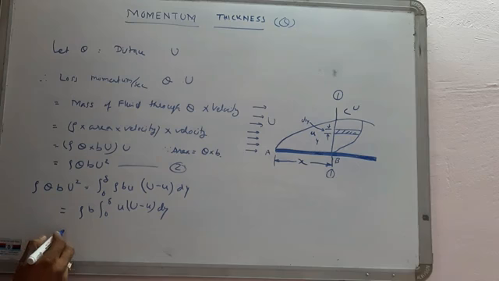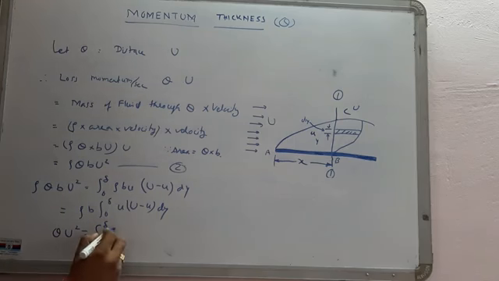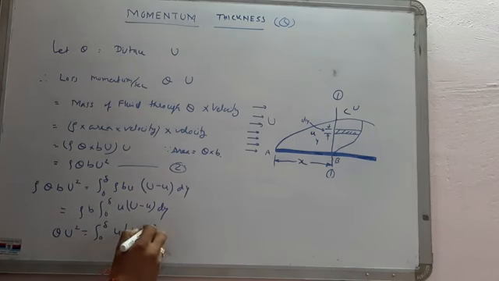So theta U square equal to integration 0 to del u (U minus u) dy.